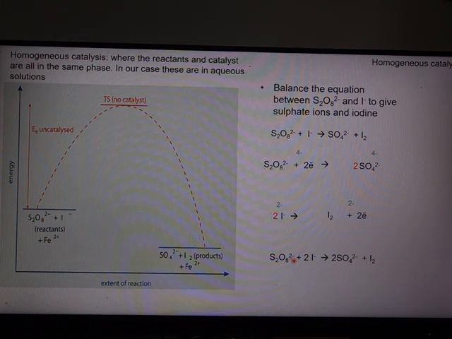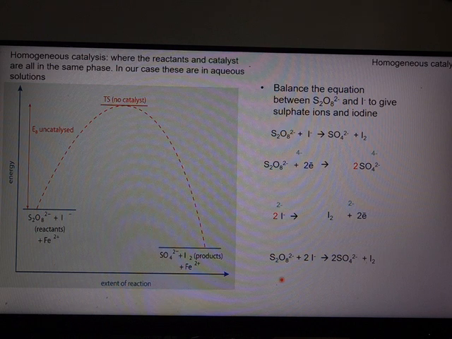Here you need a collision between thiosulfate and iodide, and these 2 species are negative ions. We know that negative ions, or ions of like charges, will repel. So that's why the activation energy is really high, because they're not going to spontaneously attract each other, they're going to repel each other.